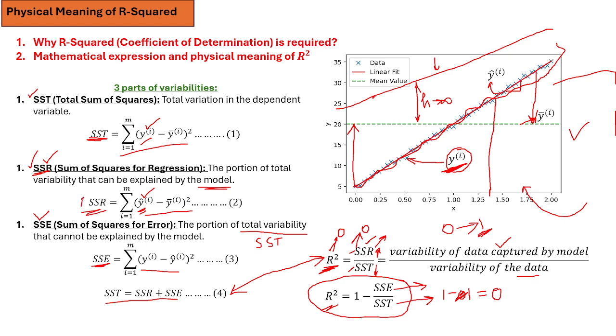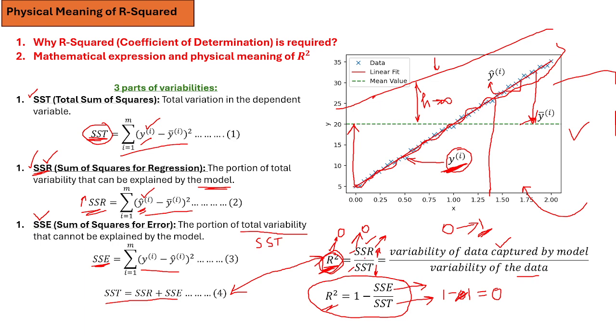So we can make the SSR infinitely high. But our value of SST in this case is not going to vary, because it's not a function of the linear fit. It's totally independent of the actual data set, and it's never going to change. But from our R squared equation, we will see that it would have a value that is really high, not 1 but over 1, because our SSR is way higher than SST.